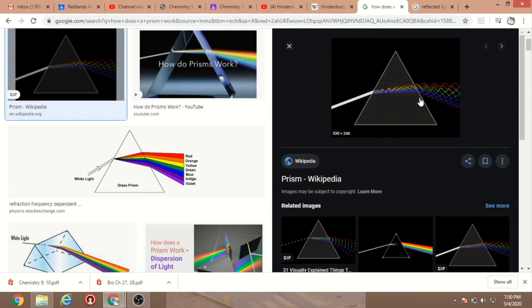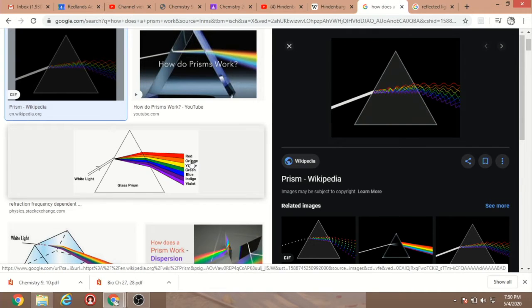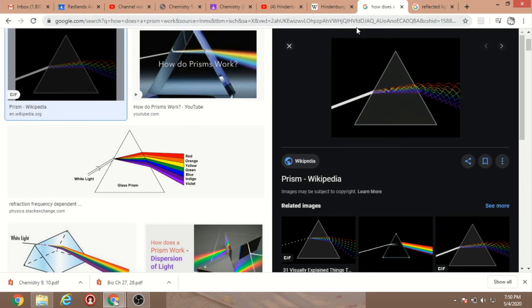There's a lot of energy in that wave, but it's traveling slower, and because of that, it gets bent more. Instead of going straight like the red, it gets bent more. And so by the time all the light comes out the other end, it's been separated into the different colors. That's all color is: light at a certain frequency. I'm sorry, at a certain wavelength.